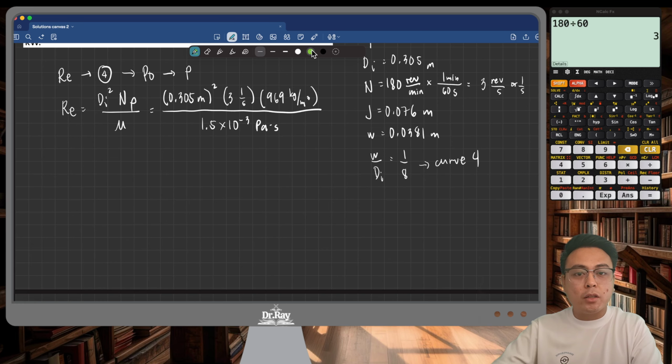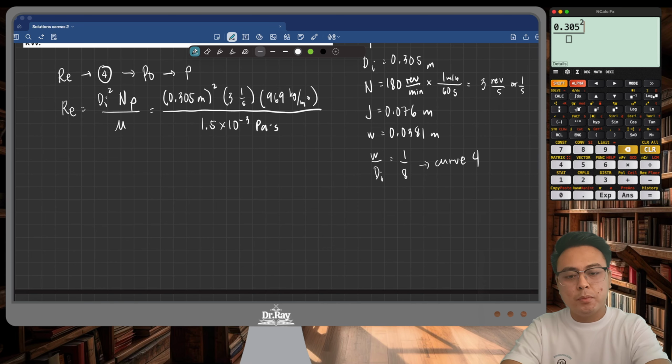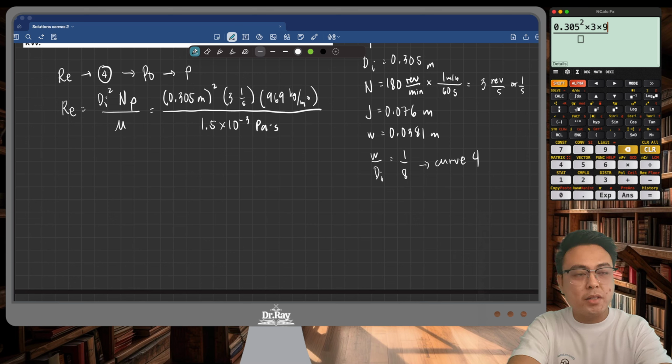Now we can calculate our Reynolds number. That's impeller diameter squared times impeller speed times density over viscosity.